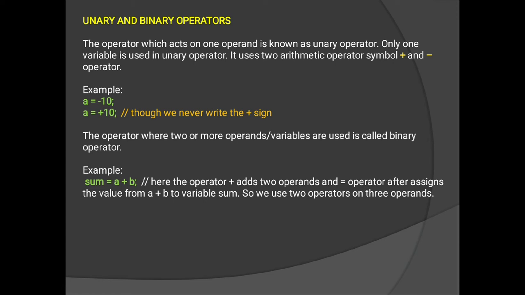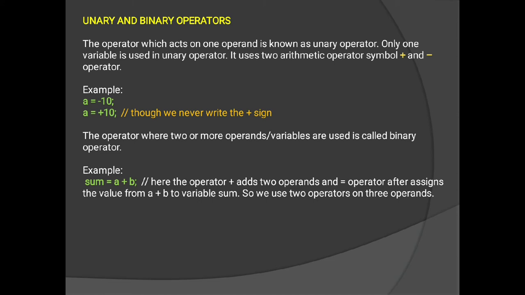So when you are declaring int a equals minus 10 or int a equals 10, that is a sign of a unary operator. We are using only one variable with the operator, so that is called a unary operator.